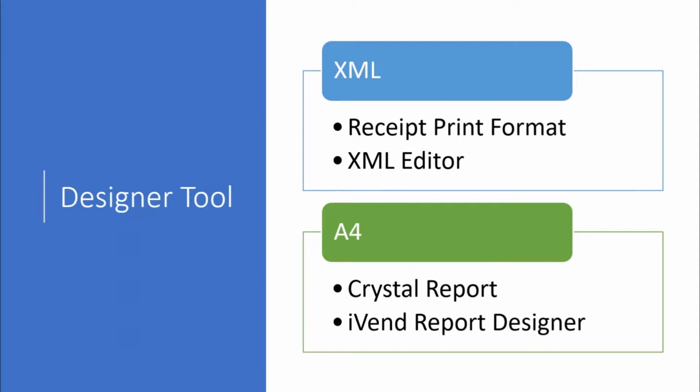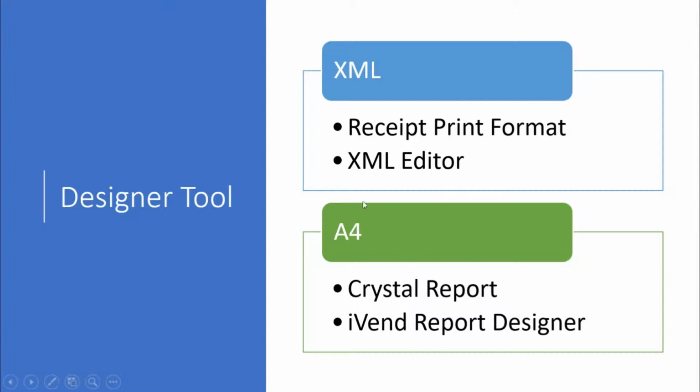So we have a designer tool. For XML, we have the receipt print format. This is the tool in iVend to design the receipt. But this tool does not cover everything in the receipt, because not all the information is exposed in this designer.